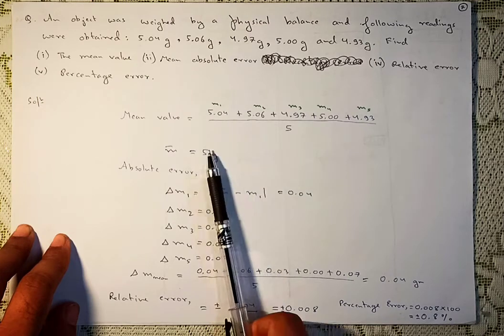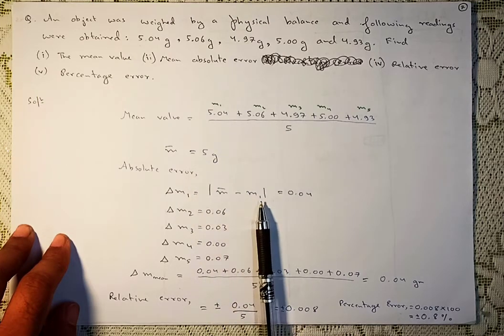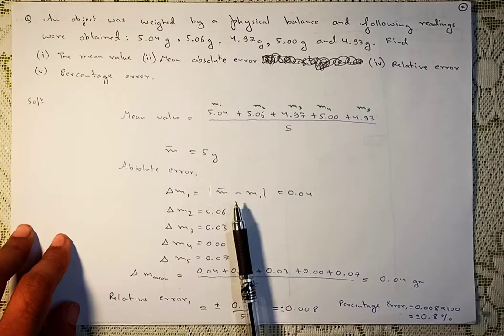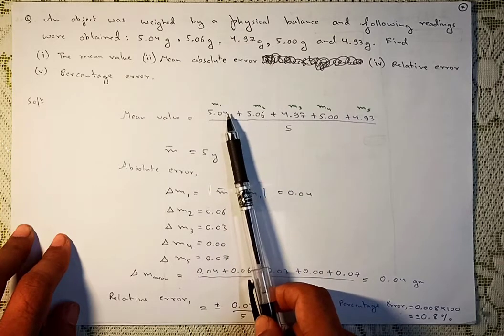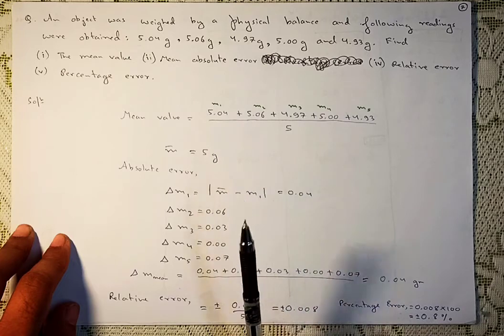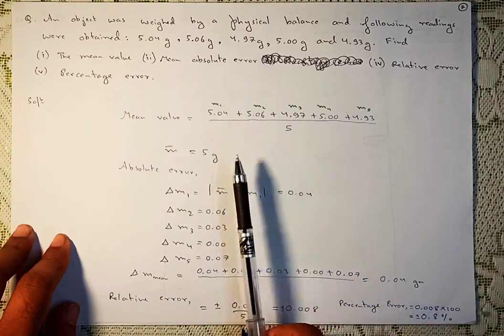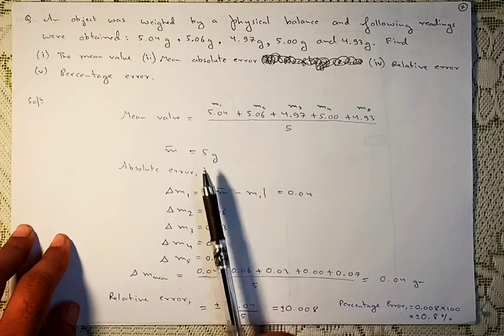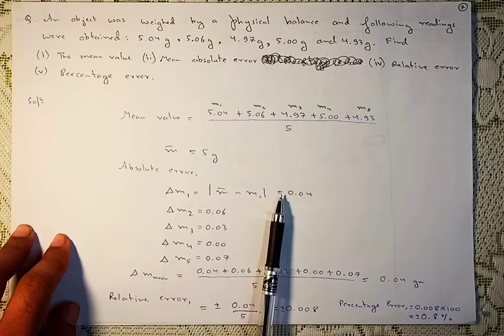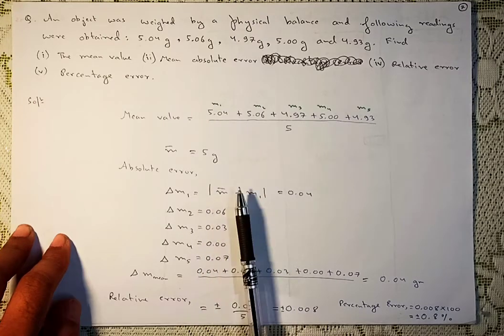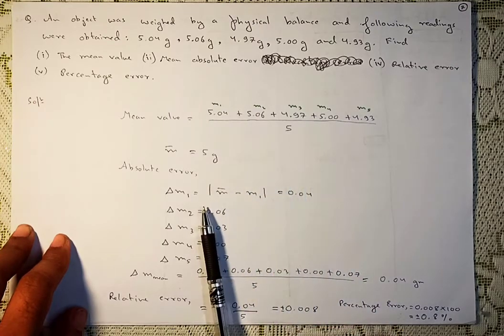This will be your mean 5 grams minus M1, where M1 is 5.04. Although this quantity is more than the mean, so you might think this should be negative, this is inside mod. Please remember, anything inside mod will be taken as positive.